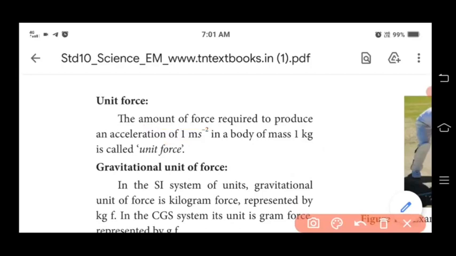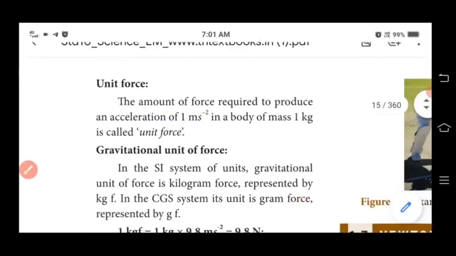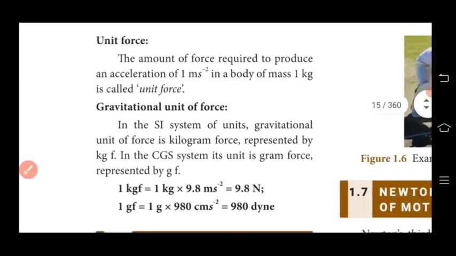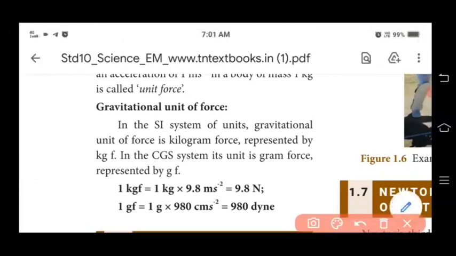And then gravitational unit of force. This topic is also very important, 1-mark part. The gravitational unit is known as kilogram force, represented by kgf.